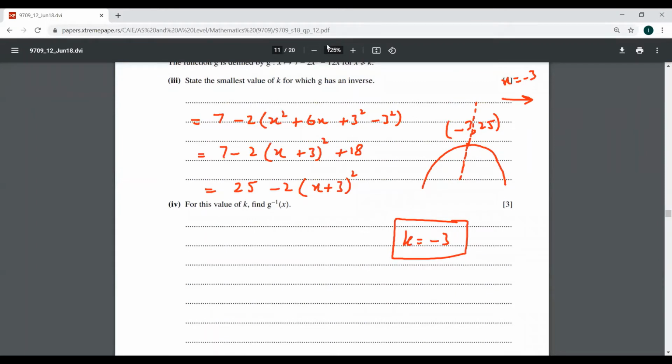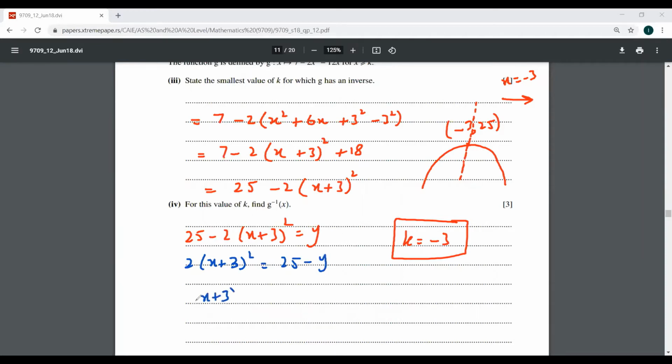No problem. We will be putting that equal to y. Let me use this completed square form here. So 25 minus 2 into x plus 3 whole square equal to y, and you will try to make x the subject. So 2 into x plus 3 whole square is equal to 25 minus y.